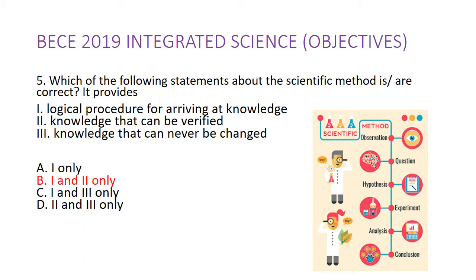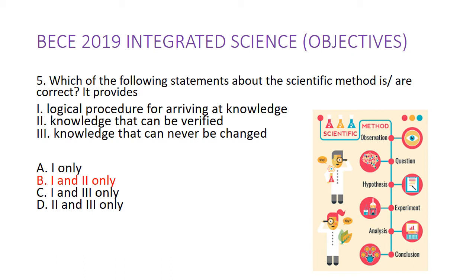But because the scientific method is there, they are all forced to use that same approach. So that's one important benefit of the scientific method: it provides a logical procedure, meaning a procedure that makes sense for you to be able to arrive at a discovery or at a solution to a problem.